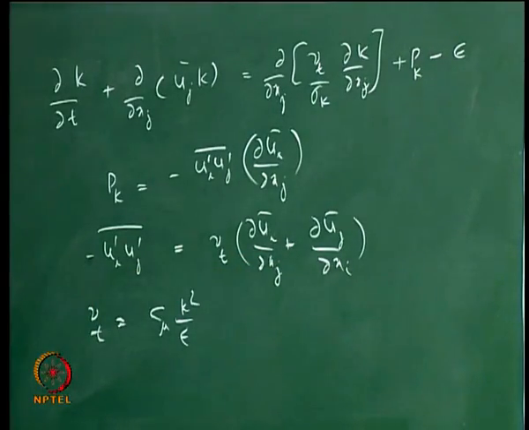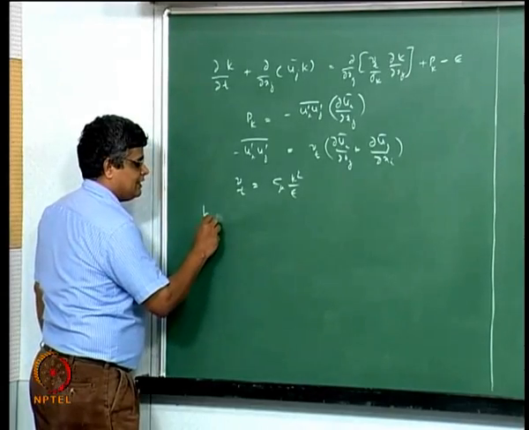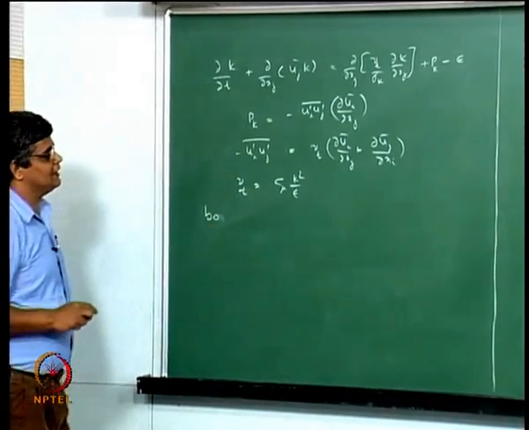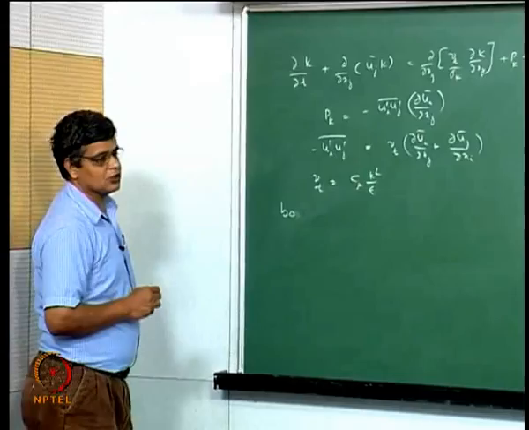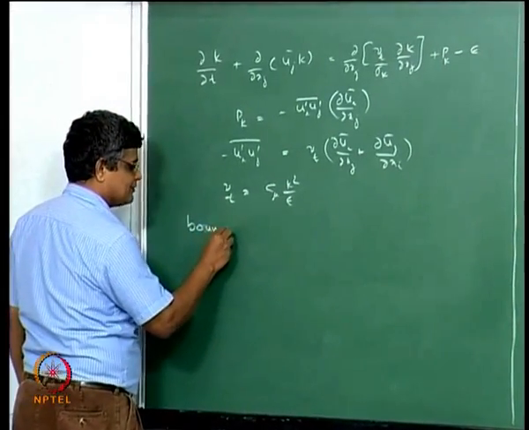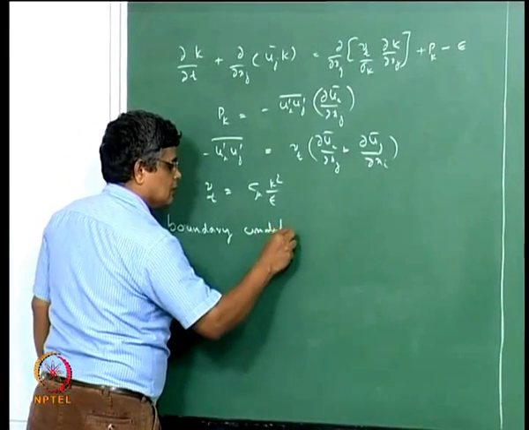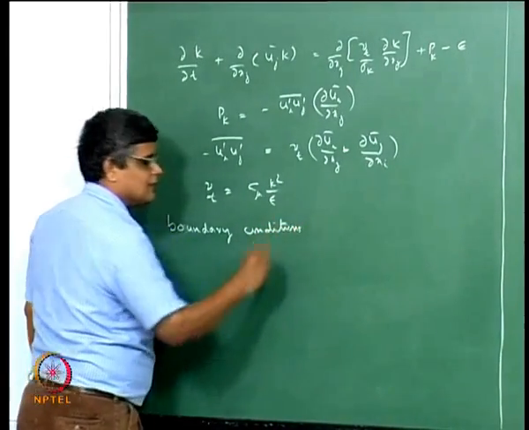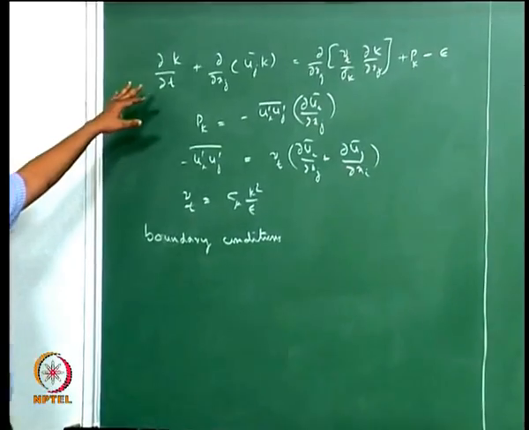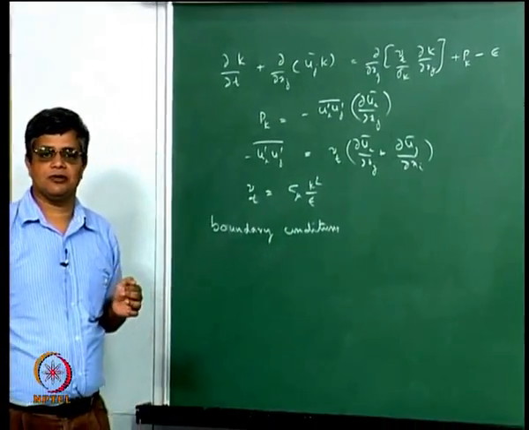Now what about the boundary conditions? We know that any partial differential equation, any differential equation cannot do without the boundary conditions and initial conditions as appropriate. Since we are talking about mean quantities, k and epsilon here are mean time average quantities.